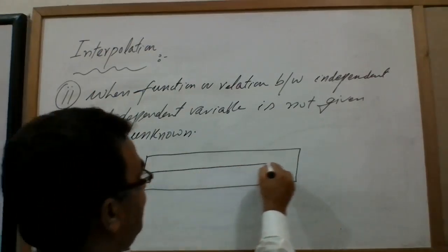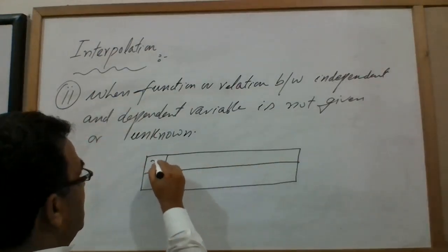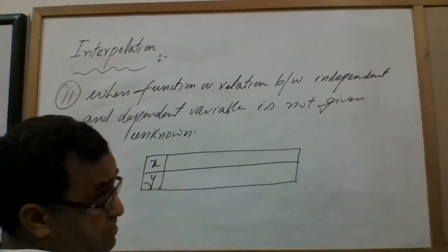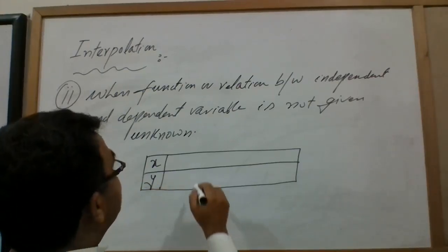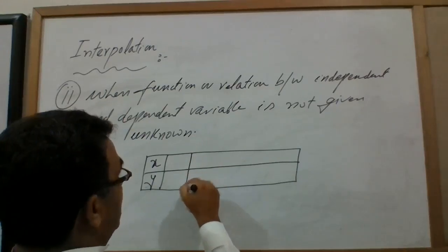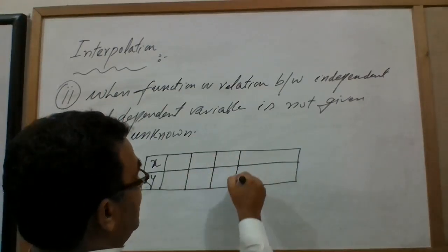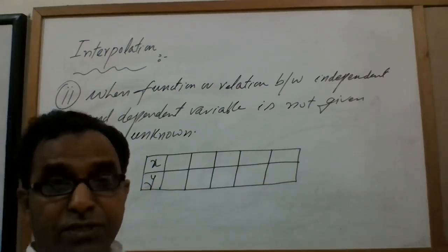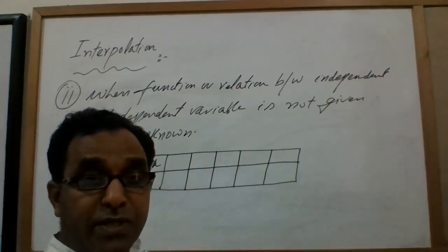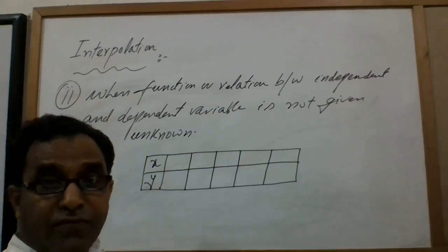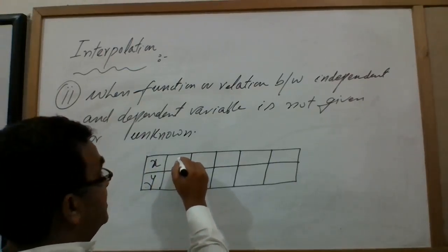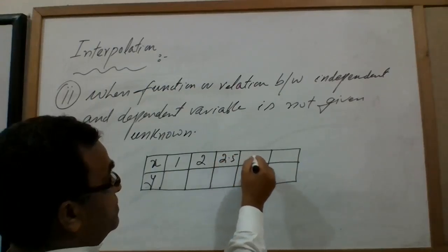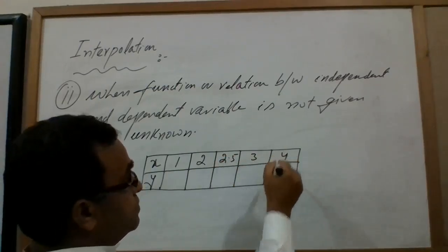Let's say here x is the independent variable and y is the dependent variable, and the values of the independent variable x given are, let's say, 1, 2, 2.5, 3, 4.